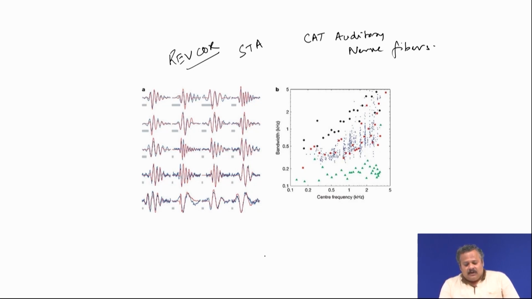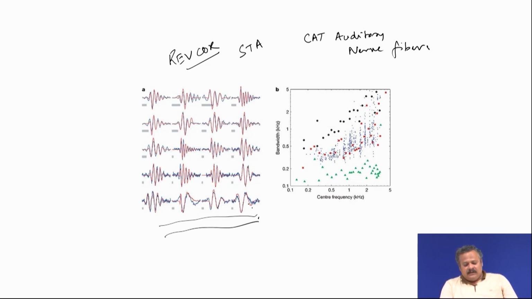So, in other words, the filtering properties of the auditory nerve fibers, shown to the left-hand side for a variety of frequencies, low frequency to high frequency, match with these theoretical kernels. And when you look at the bandwidth versus the center frequency of these filters, which is what we call the Q factor of a filter, that is how sharp the filters are.